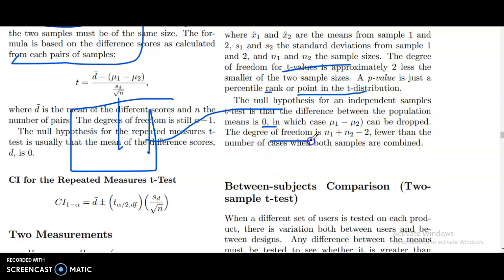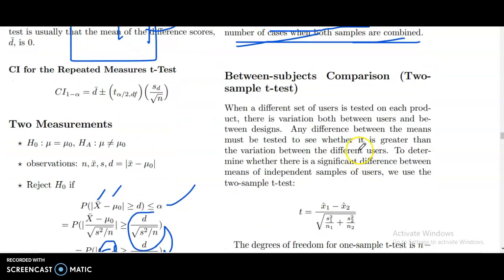The degree of freedom is n1 plus n2 minus 2, two fewer than the number of cases when both samples are combined.